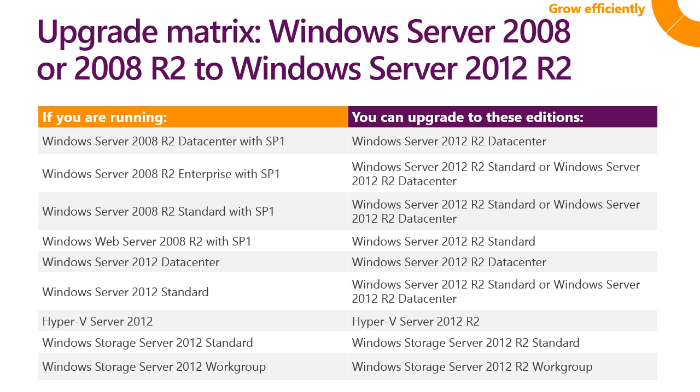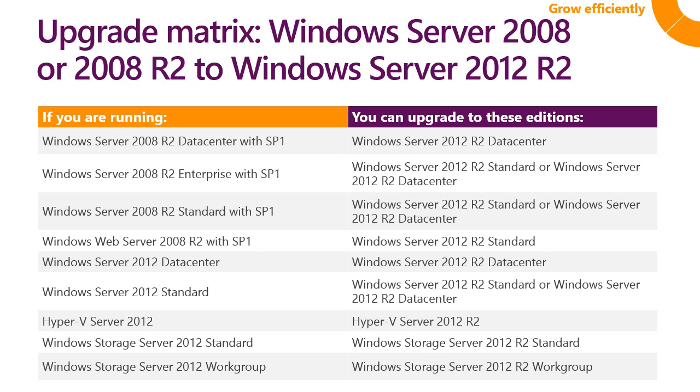I won't go through all of these, but we'll focus on some of the top level ones. Anyone running an old version of Datacenter needs to upgrade to a new version of Datacenter.